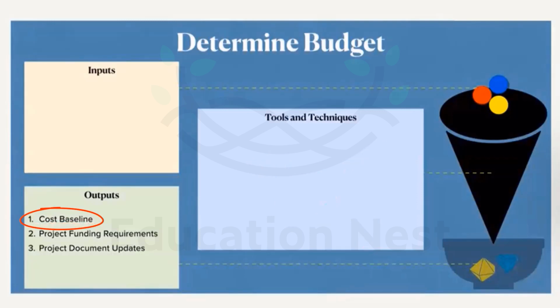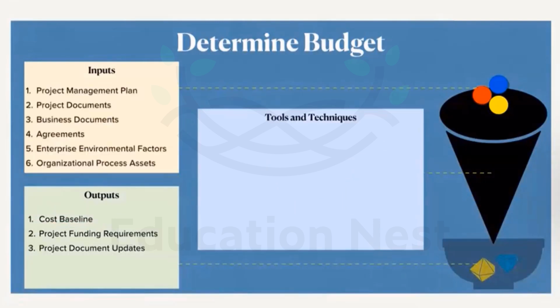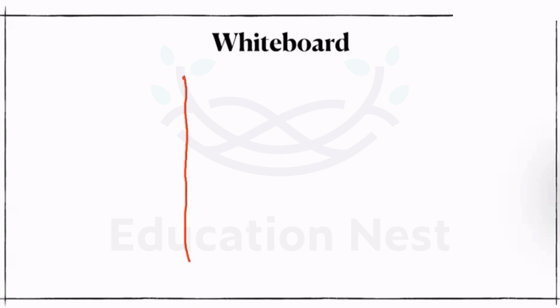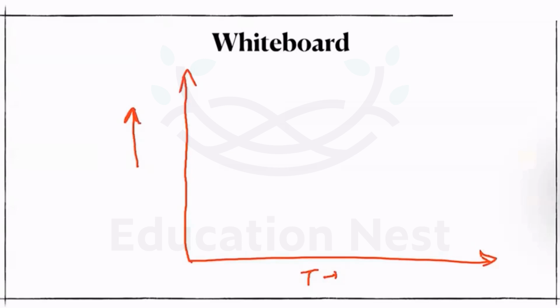I think it's better that we understand this better on a whiteboard. We have time here, we have cumulative value here, and then we have a cost baseline. We learned that at the end of the project, this is called BAC.